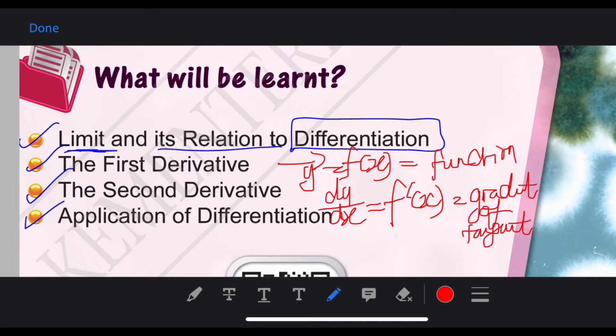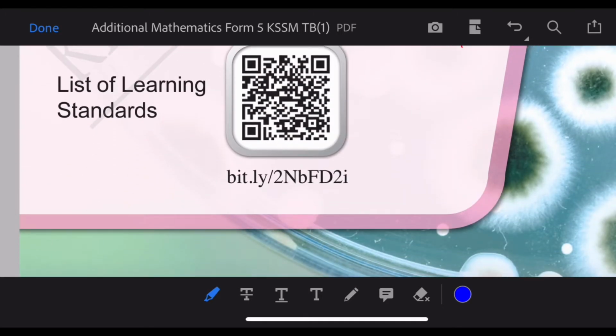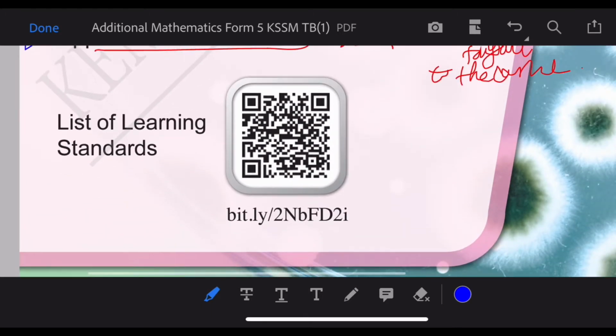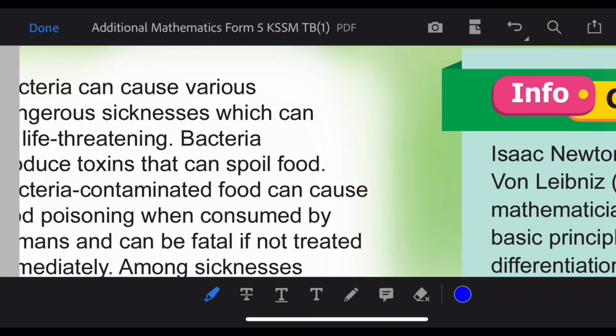Gradient of tangent to the curve. It always has something to do with the curve. And then we have the second derivative and application of differentiation. This topic is quite long, so today I will just focus on the basic differentiation skills. Now let's go through this Form 5 textbook.